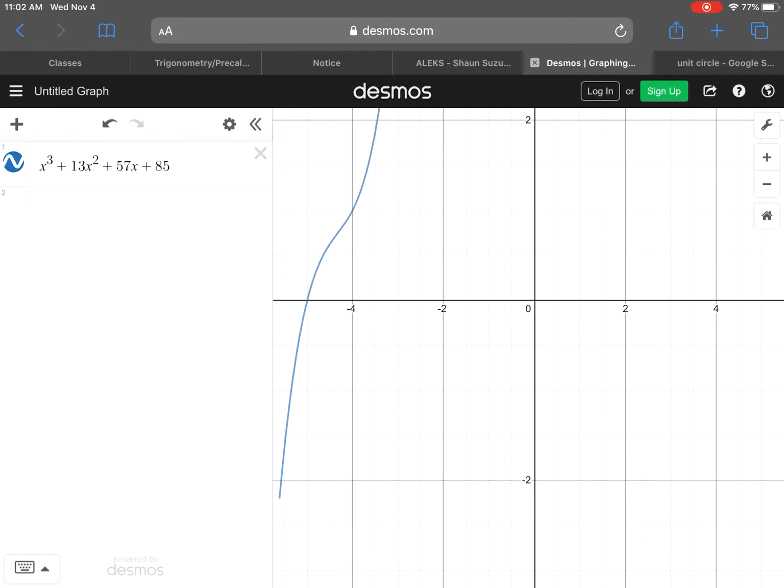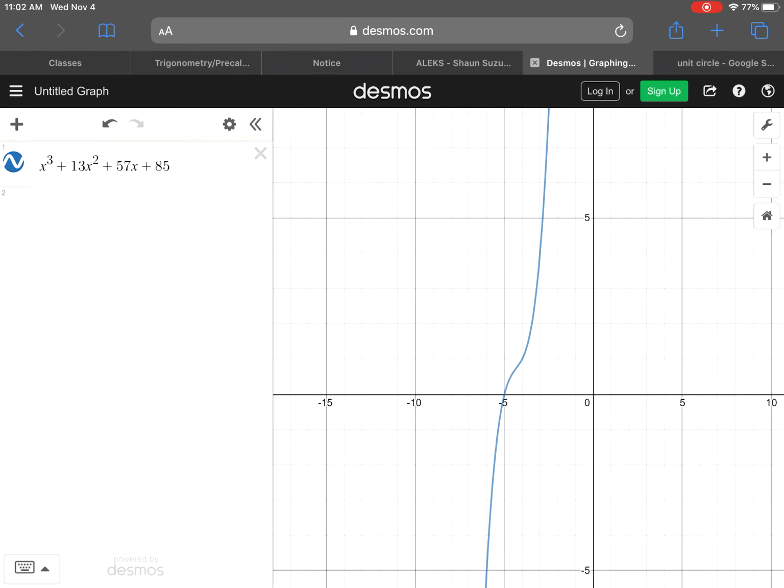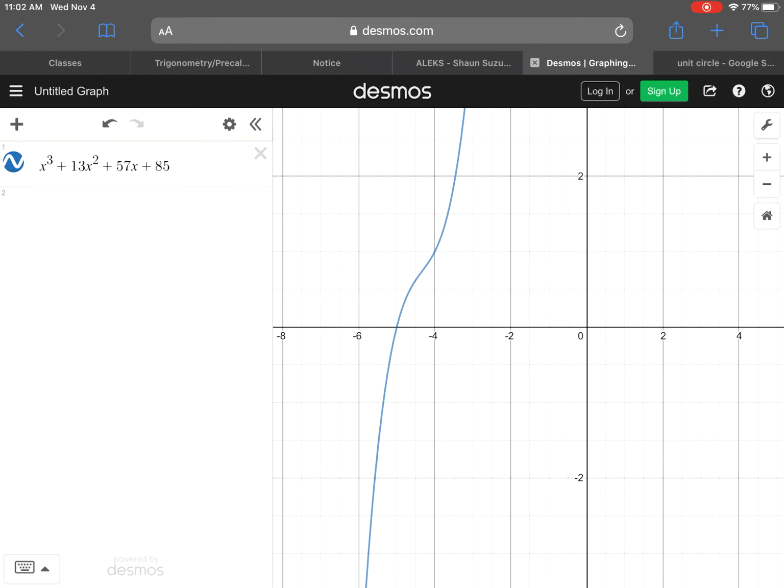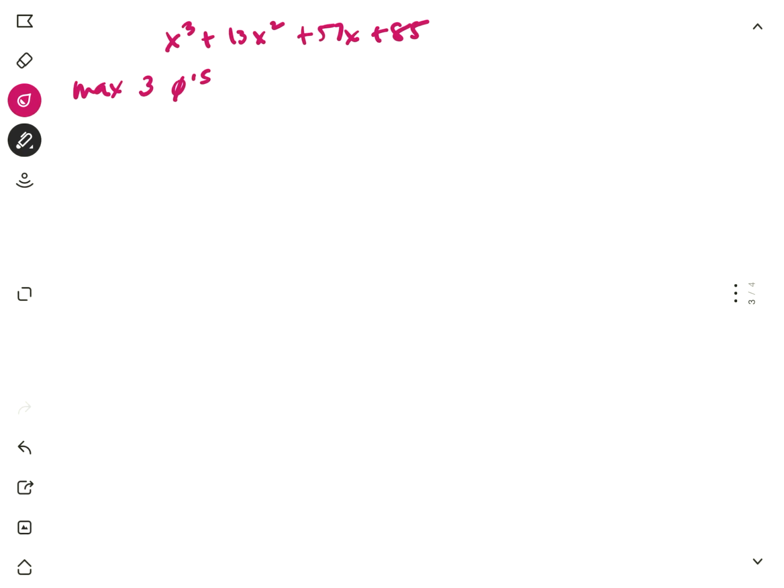All right, so look here. It looks like we only have 1 zero, and that zero is at -5. Okay, so we'll work off that one. So we know the real zero is at -5.